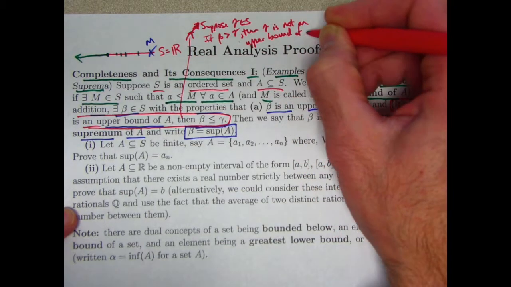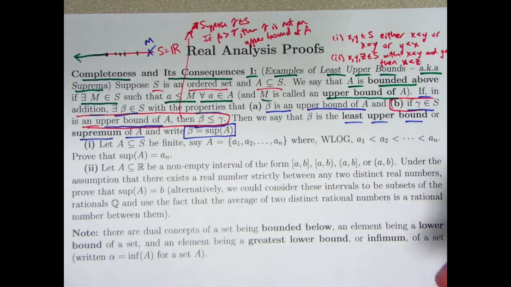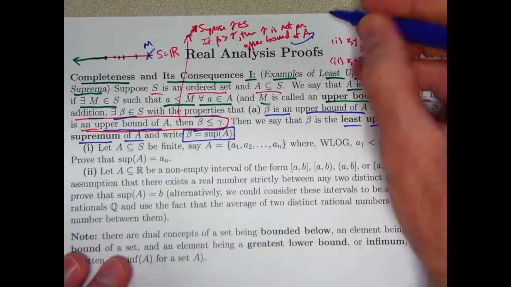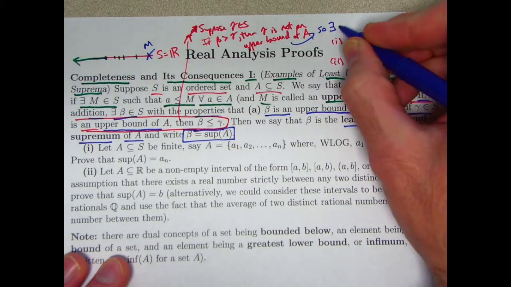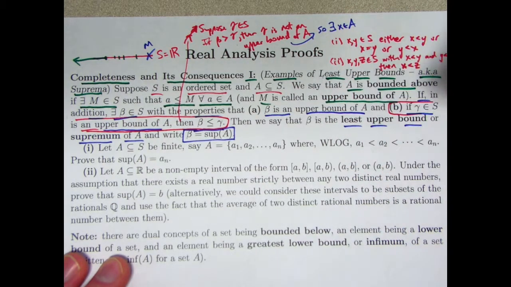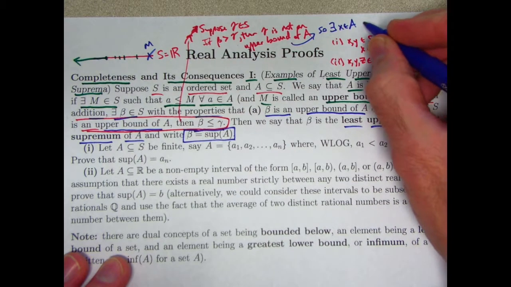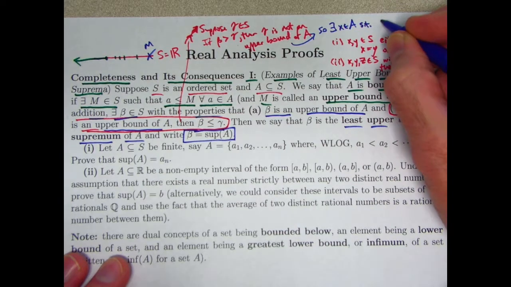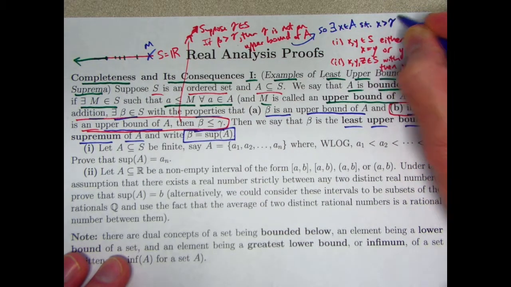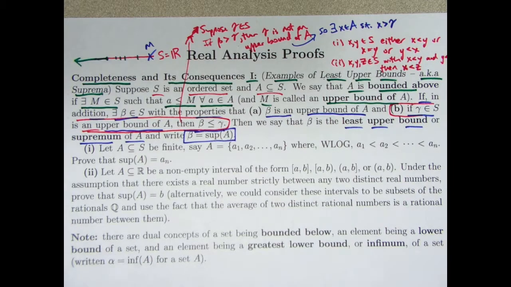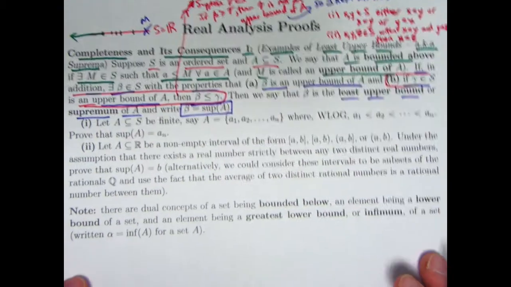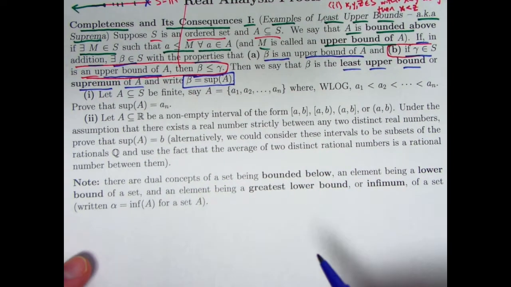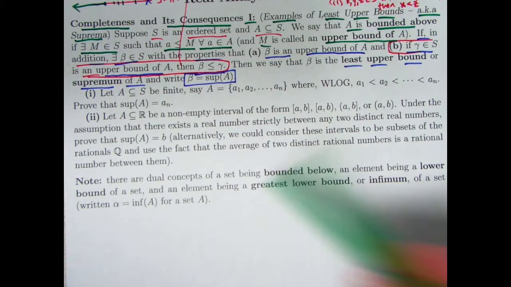Anything less than the supremum, anything less than the least upper bound of A, is not an upper bound of A. It's worth being a little extra careful and saying what this means: there exists an element x of A, such that x is bigger than gamma, or gamma is less than x, since gamma is not an upper bound of A. So for proof 2, that's what we're going to end up proving to show that beta is the supremum, the least upper bound of A. All right, but let's look at 1 first.